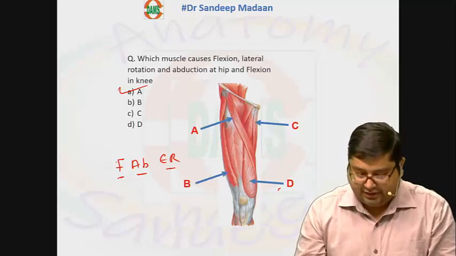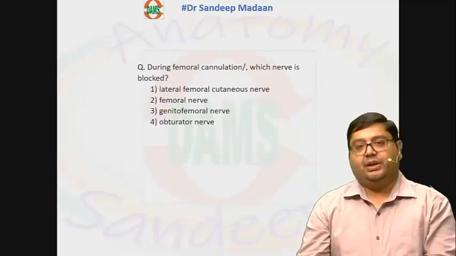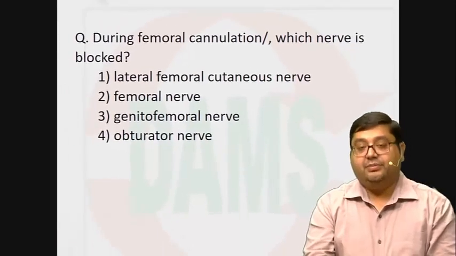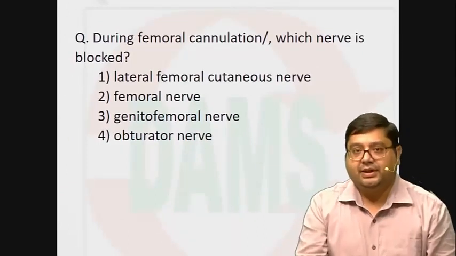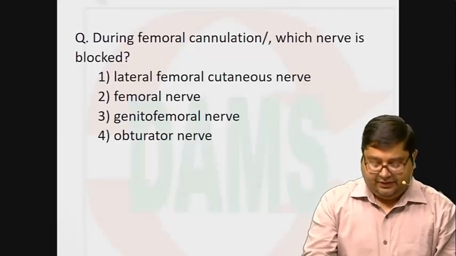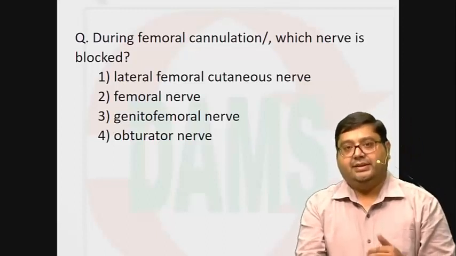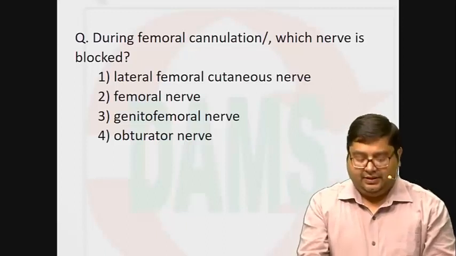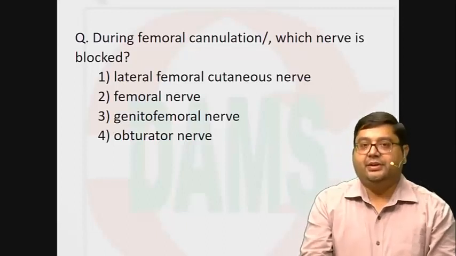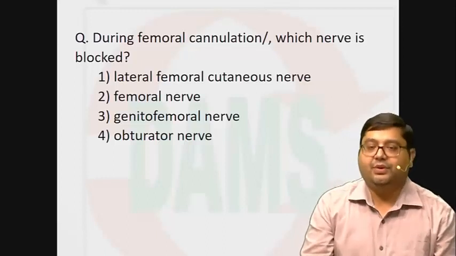Coming on to the next question: during femoral cannulation, which nerve is blocked, or maybe catheterization or cannulation, some procedure was given. And see, if at all we are going for some anesthetic agent, we will definitely, among these choices, see the major nerve which is present near the femoral artery is the femoral nerve.